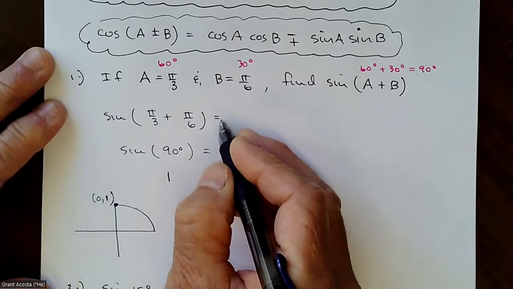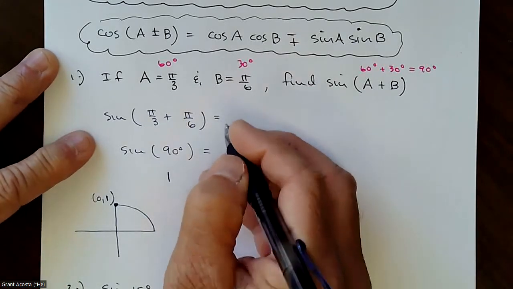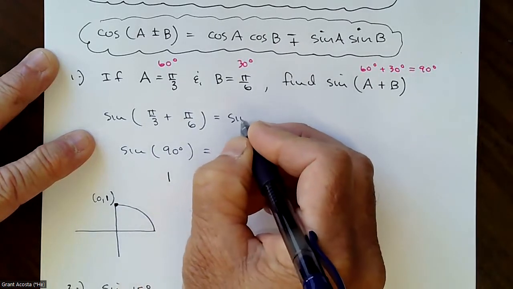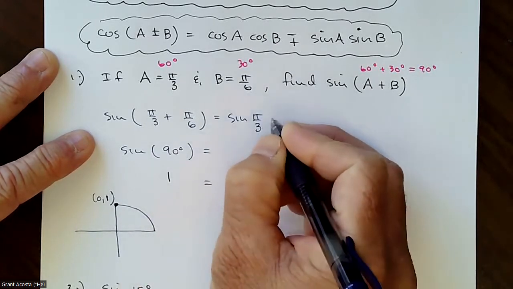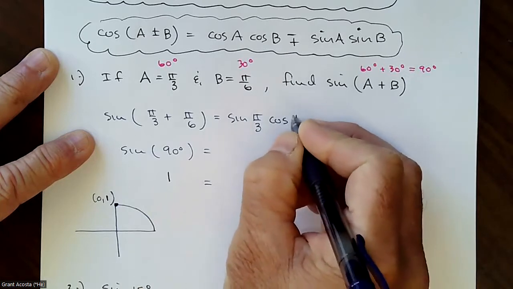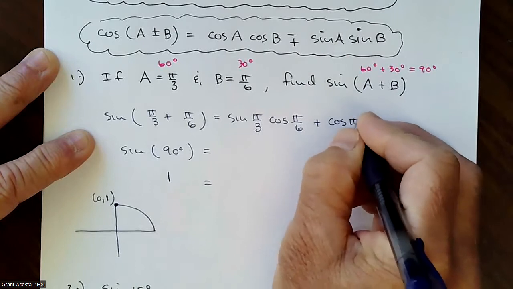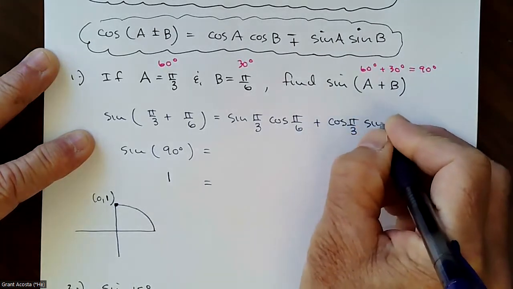But now let's use the identity and make sure we get that. Using the identity, with this being A and this being B, we need the sine of pi over 3 times the cosine of pi over 6 plus the cosine of pi over 3 times the sine of pi over 6.